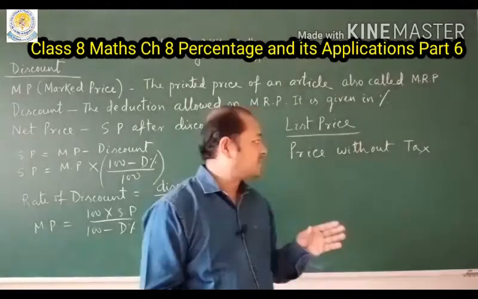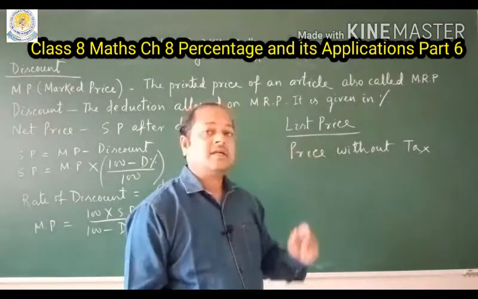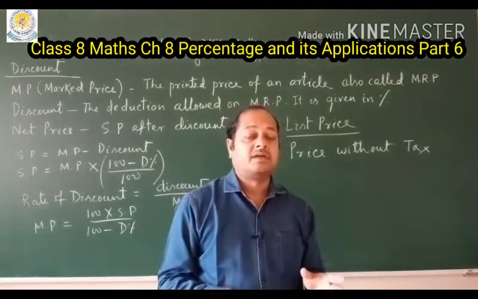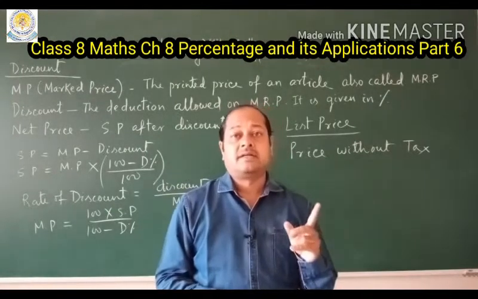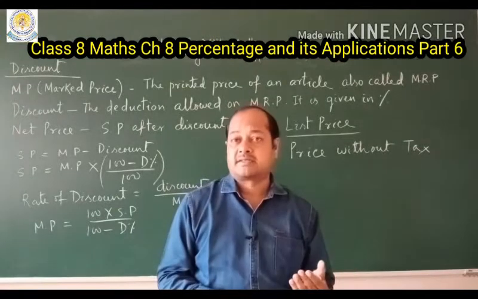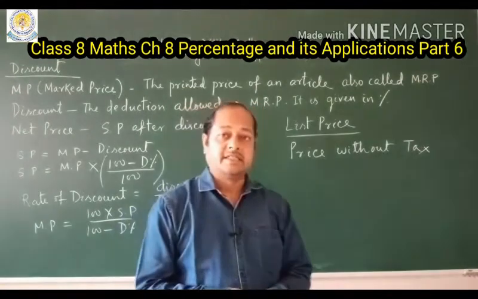So the price of an article without tax is called the list price of the article. Again I am repeating, the list price is the price without tax.